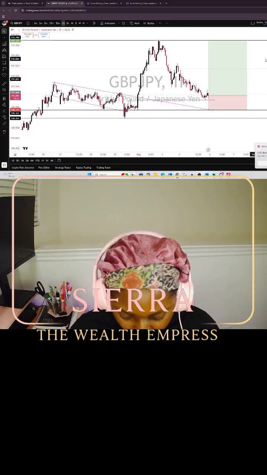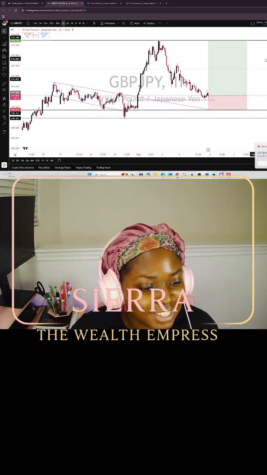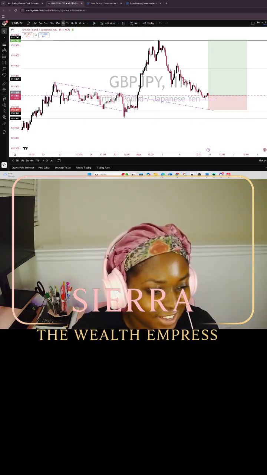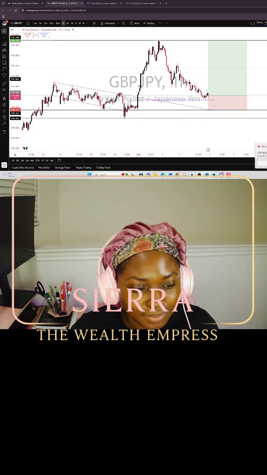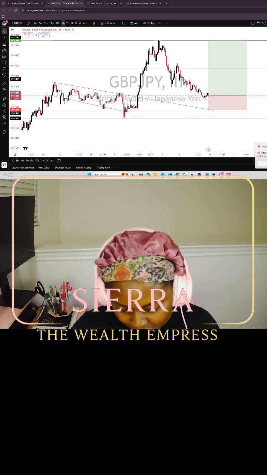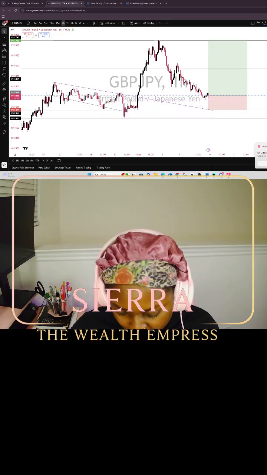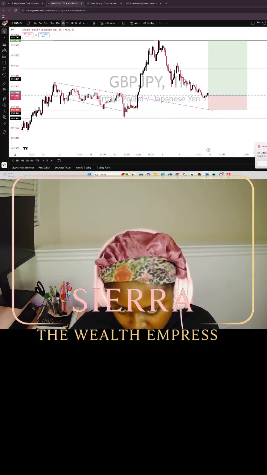I'm definitely going to lower my lot size because GBP, especially JPY pairs, can be a little outrageous.